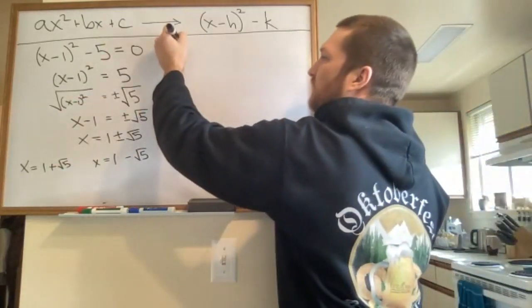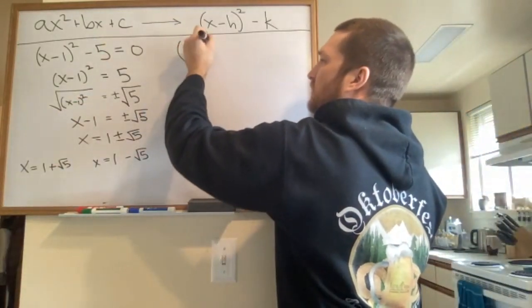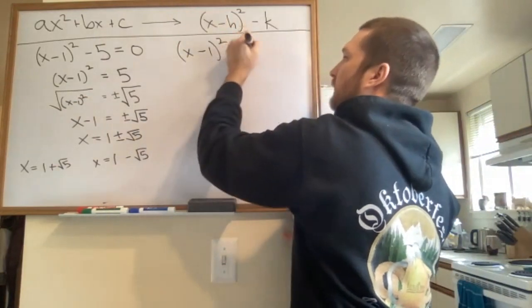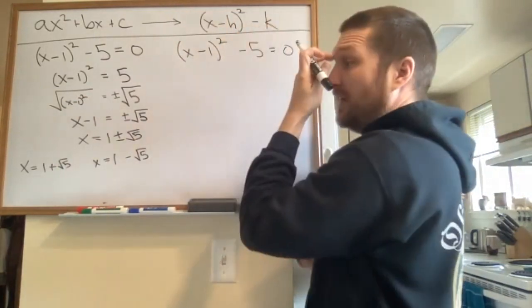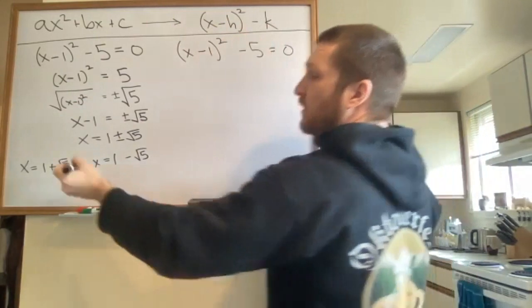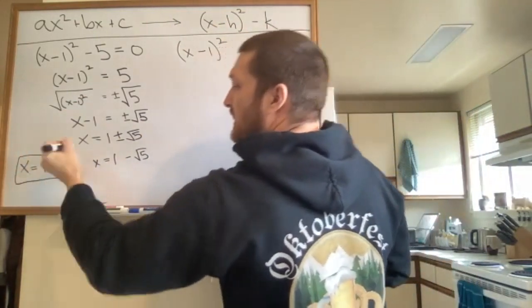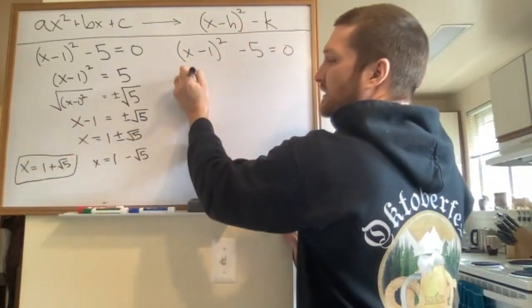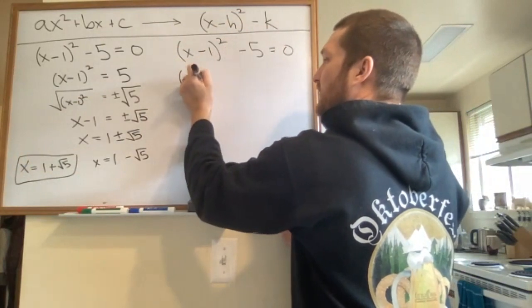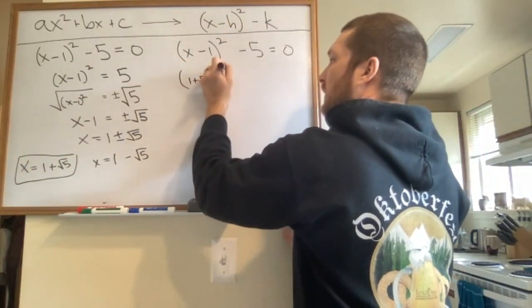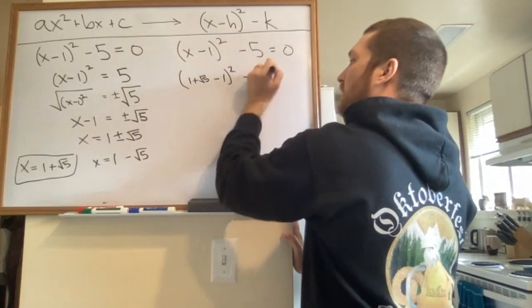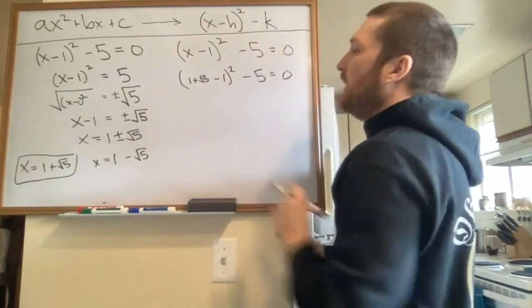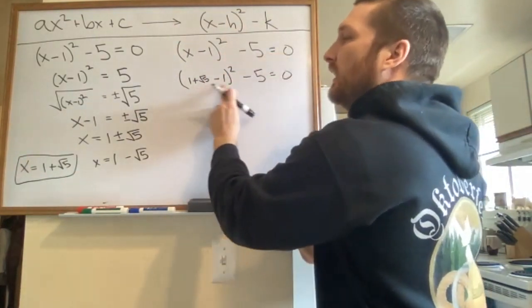So this is what I'm looking for in your homework, that you've written the original equation. And then you make the substitution. You say, okay, now we're going to let x equal, and I'm doing the positive one. You're going to be doing the negative one. Okay, how do we simplify this guy?